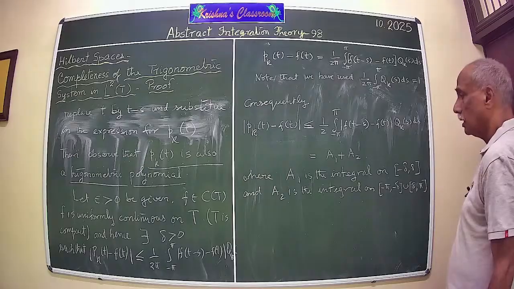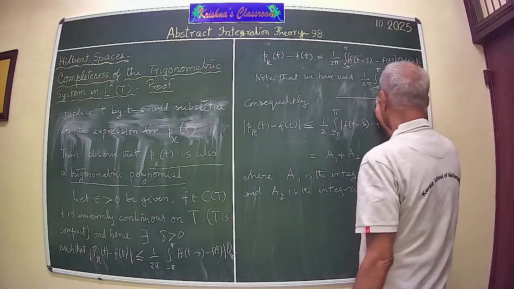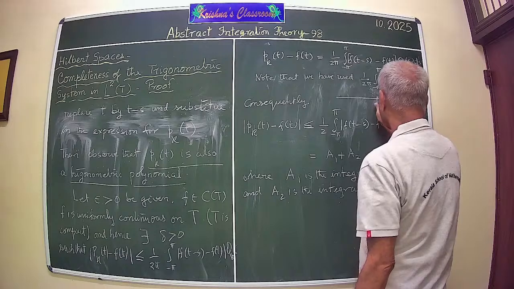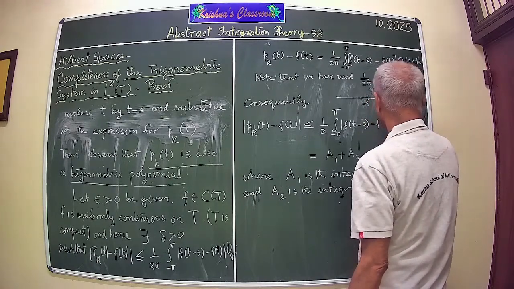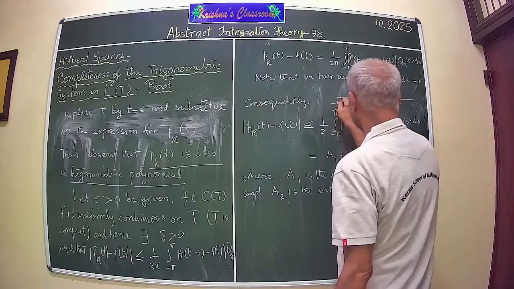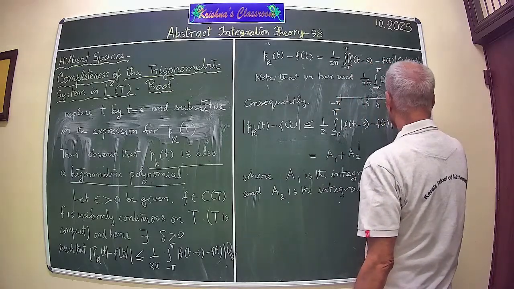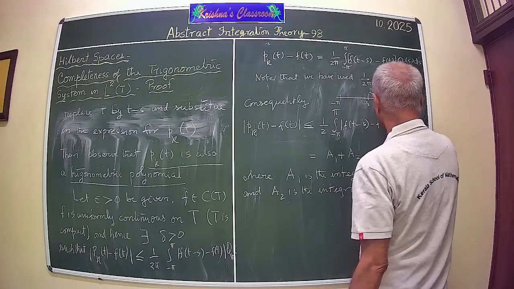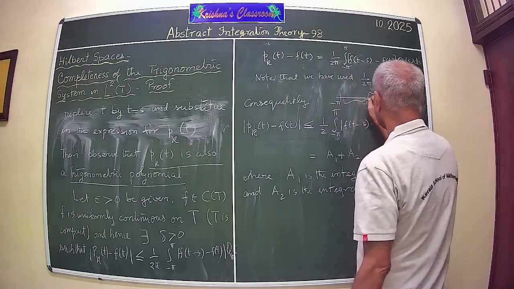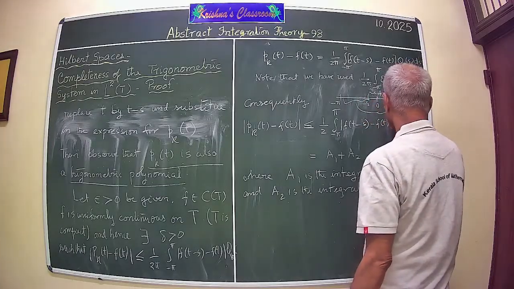Okay, you remember that breakup: 0, minus delta, delta, pi. So this part is a1, and this part is a2.